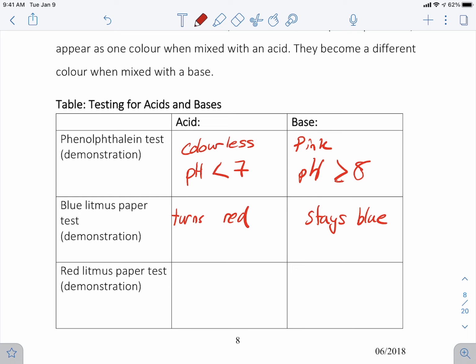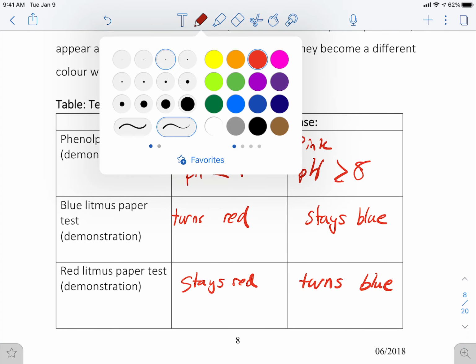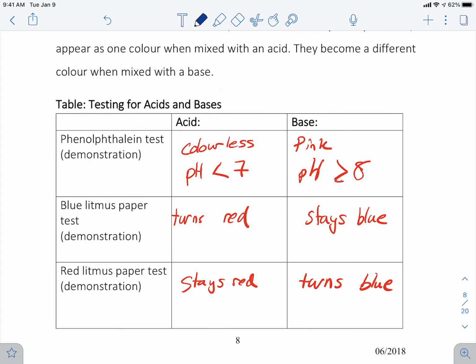Red litmus paper stays red in an acid and turns blue in a base. With litmus, it's easy to remember because it's blue for base and red for acid. Always remember the B part: blue equals base for litmus.